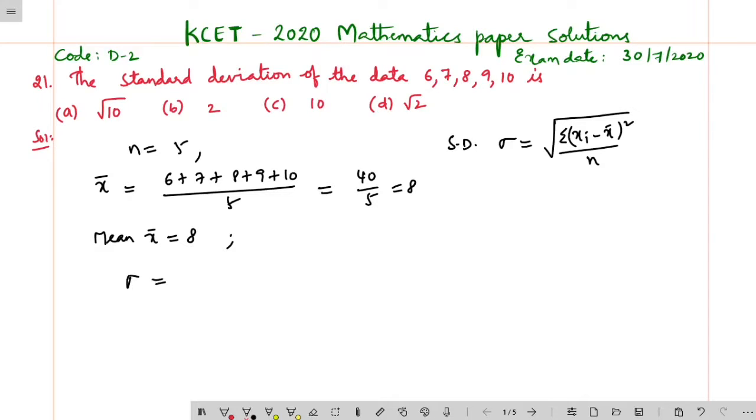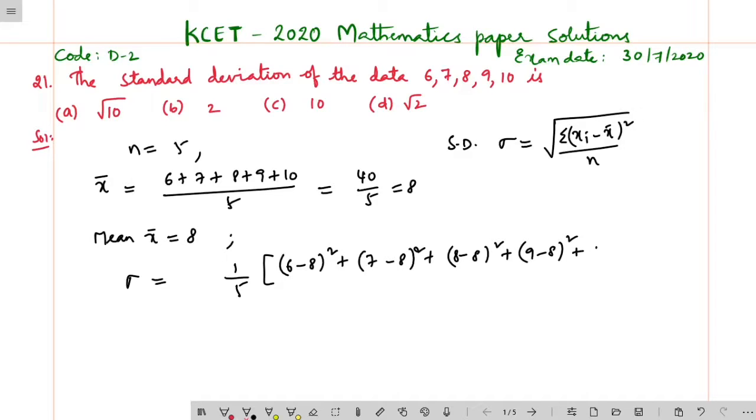So sigma is equal to under root of 1 upon 5 times, for each observation xi, (6 minus 8) whole square plus (7 minus 8) whole square plus (8 minus 8) whole square plus (9 minus 8) whole square plus (10 minus 8) whole square.